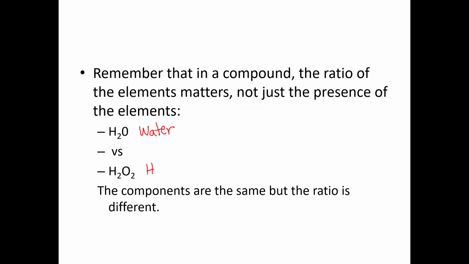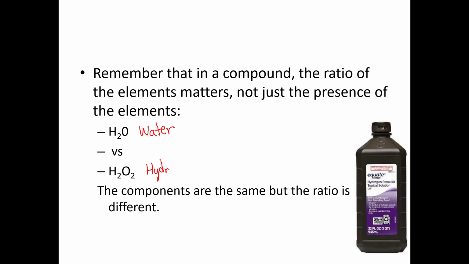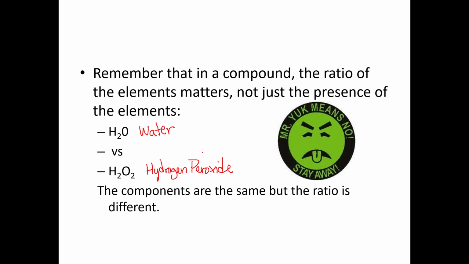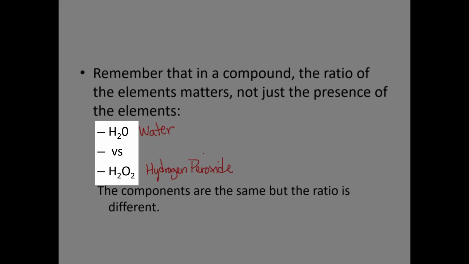This is a compound you might have in your house, in your medicine cabinet. Hydrogen peroxide. Well, you go to drink hydrogen peroxide, specifically if it's pure, well, you just won yourself a trip to the ER and maybe even worse, okay? The components of these are the same, but because the ratio is different, they are different compounds and thus have different properties.